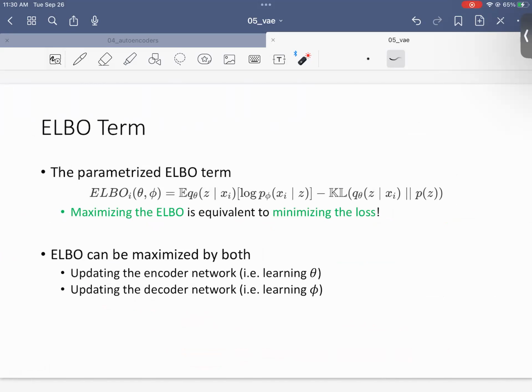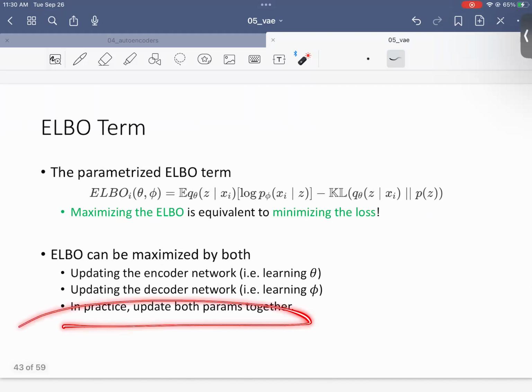And the ELBO can be maximized by both, because there are two parameters, theta and phi. Theta being the parameters for the encoder, phi being the parameters for the decoder. But in reality, we just update both parameters at the same time. We just do an end-to-end gradient update. So that's the whole gist of VAE.